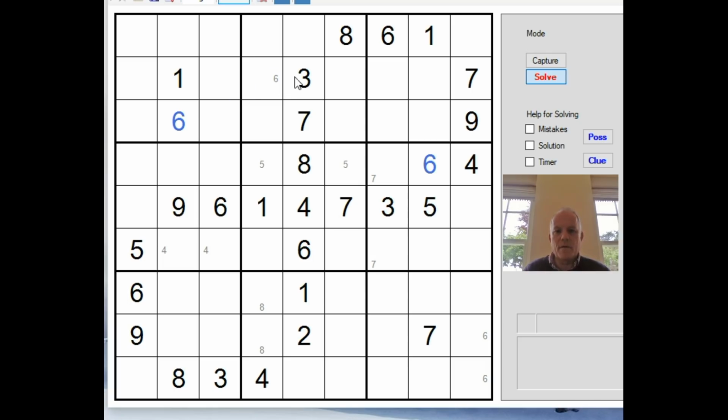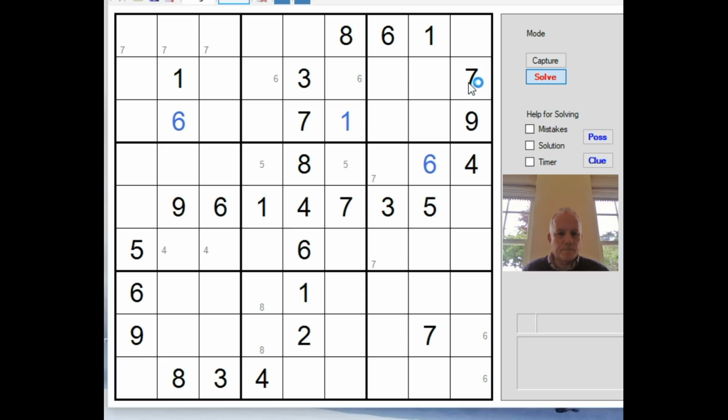That gives us a 6 pair in the middle box there. 1s. Yes, 1s, we can place another digit in the grid. That's a 1 because of the 1s in rows 1 and 2 and this one.